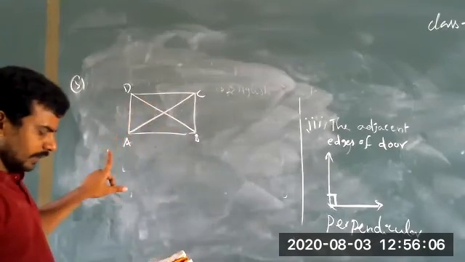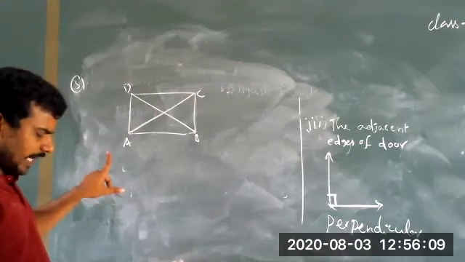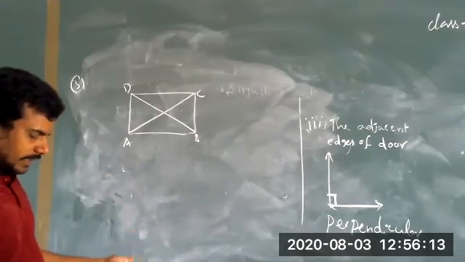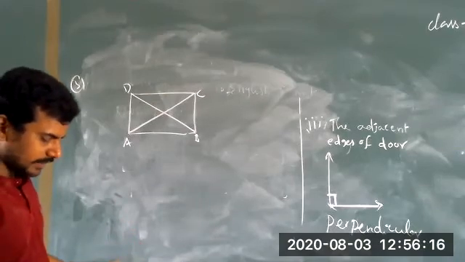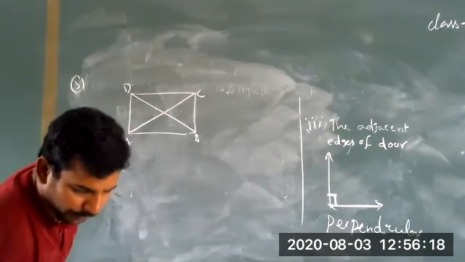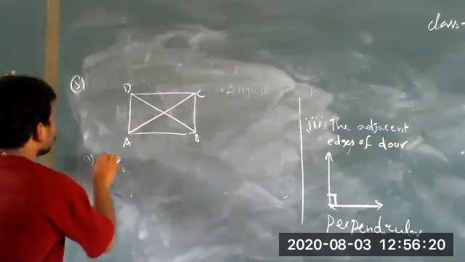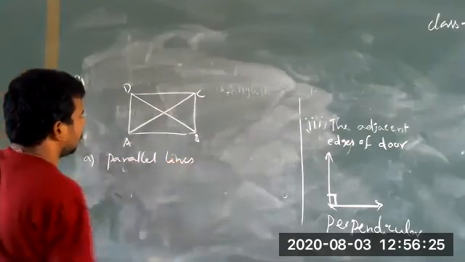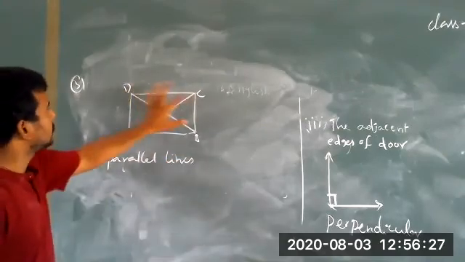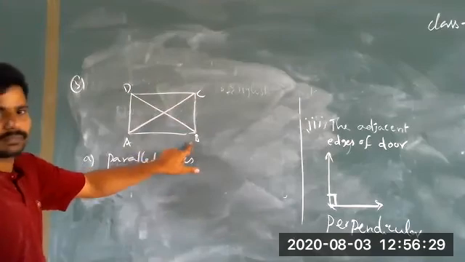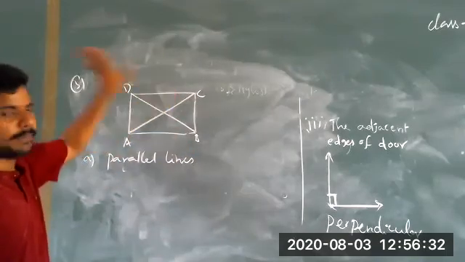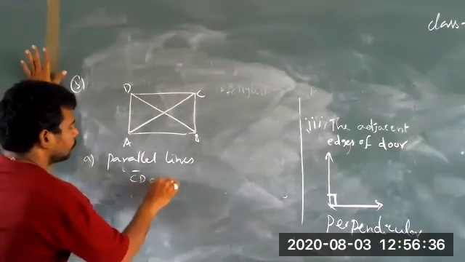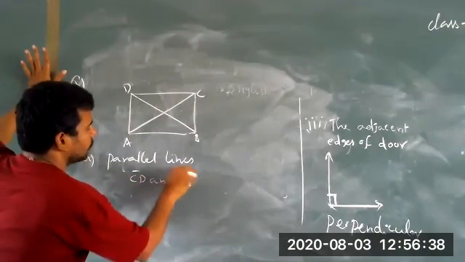You have to write the pairs of parallel lines, perpendicular lines, and intersecting lines from the figure in symbolic form. First, parallel lines. CD and AB both are parallel lines. What, children?